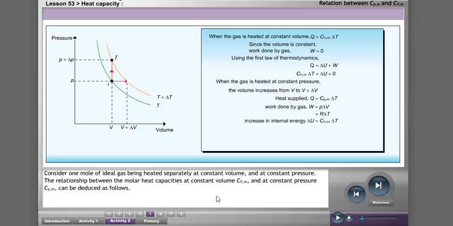Consider 1 mole of ideal gas being heated separately at constant volume and at constant pressure. The relationship between the molar heat capacities at constant volume Cv,m and at constant pressure Cp,m can be deduced as follows.